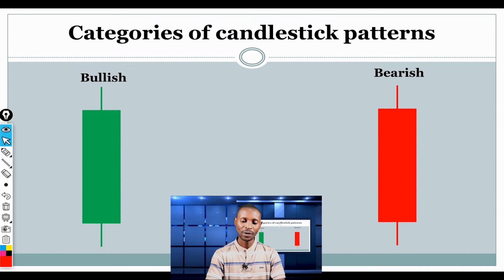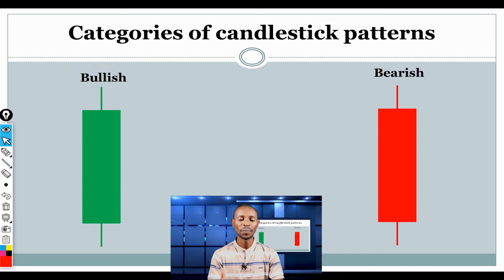The second category is what we call the bearish candlestick pattern, which represents the group of traders who are looking to sell the market. These are the main categories of candlestick patterns, and they are represented with different colors. Red and green are the most used colors: green for the bullish candlestick pattern and red for the bearish candlestick pattern.